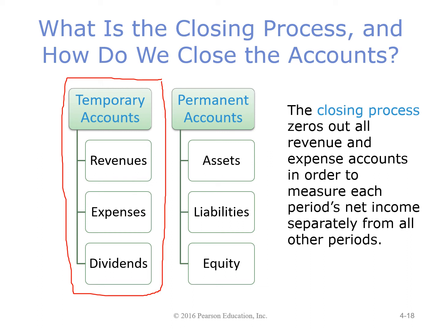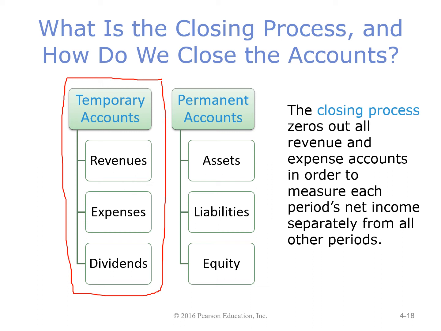But for the permanent accounts, the balances will be transferred from one year to another. For example, I have cash at December 31st, 2019 of 100,000. I will start January 1st, 2020 with this 100,000. The same goes for liabilities and equity.